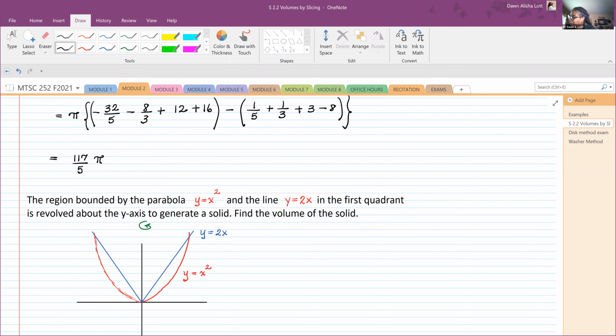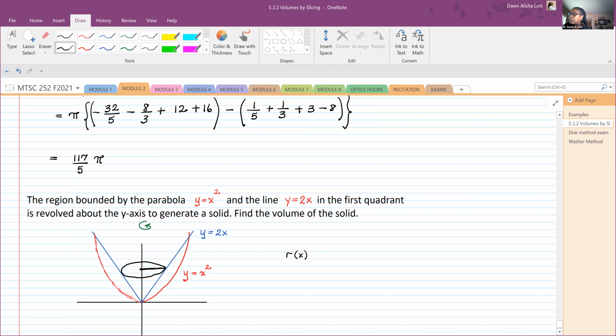So you choose a y, and then you draw your circle. And I find my small radius, and my small radius is what? This is a little tricky. 2x.